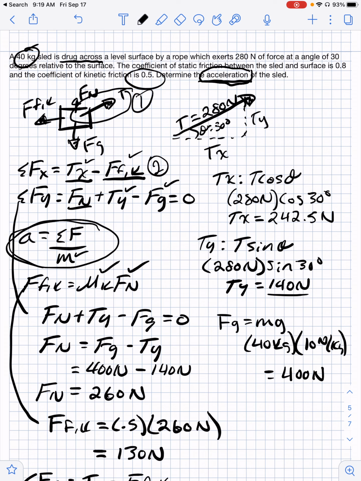For this problem, once I figured out that in order to apply Newton's second law I had to find the net force, that told me I needed to find my Tx and my kinetic friction. Then in order to find friction, I wrote down my equation and figured out that I needed to solve for the normal force. It's always good to write all these steps out because sometimes you have to solve for multiple things in order to solve for the final answer.